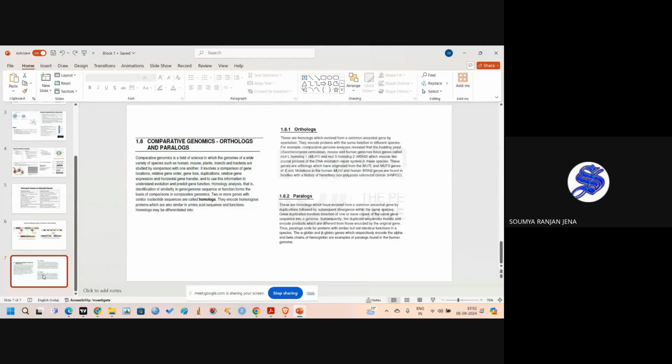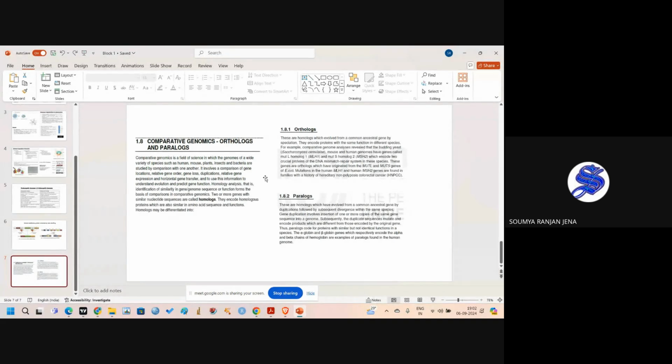Then if you go to comparative genomics, what are orthologs and what are paralogs? Comparative genomics is a field of science in which the genomes of a wide variety of species, such as human, mouse, plant, insect, and bacteria, are studied by comparison with one another.